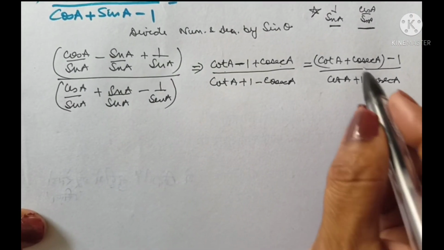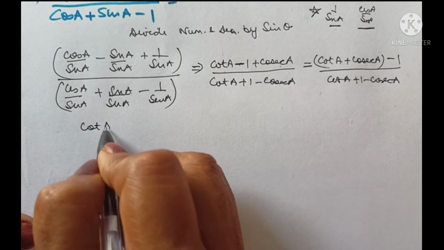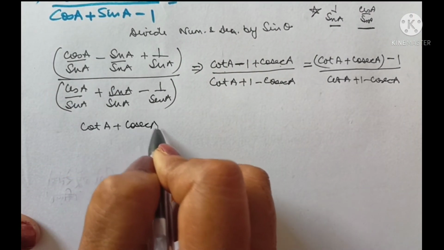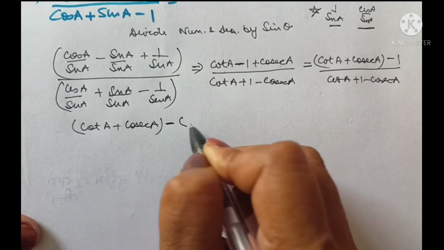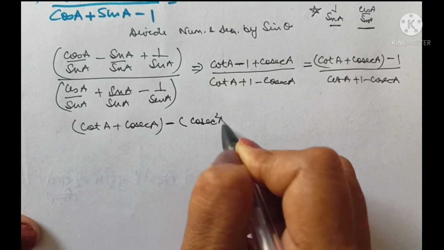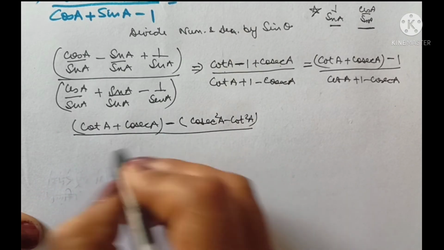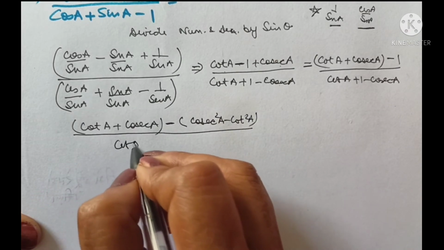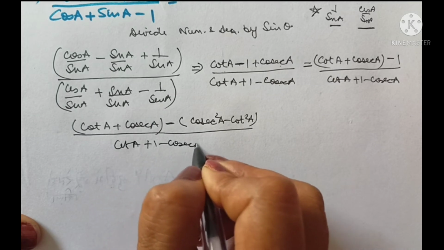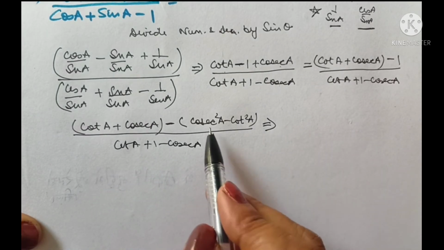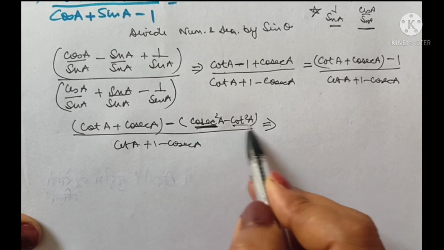Now, in the numerator, I write cot A plus cosec A as it is. And I replace 1 by its identity, cosec square A minus cot square A. In the denominator, there is no change. I write as it is. Now, here you see a square minus b square.